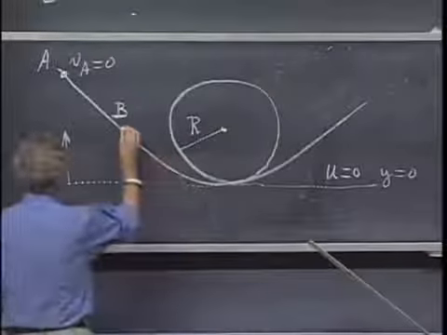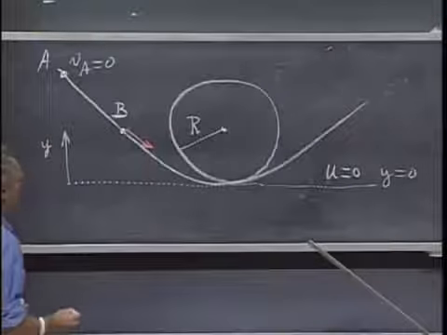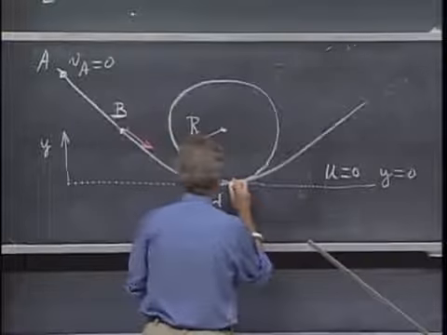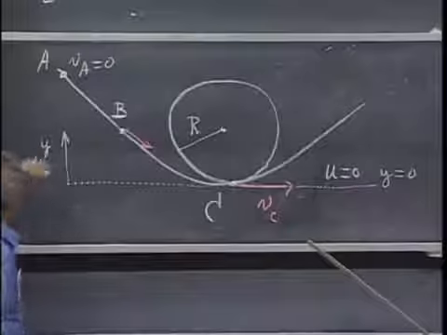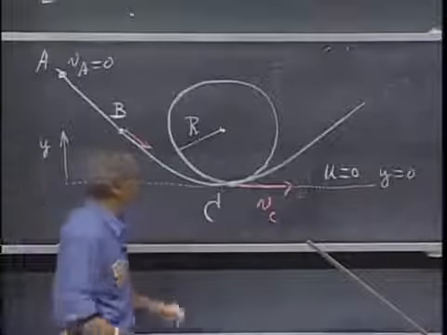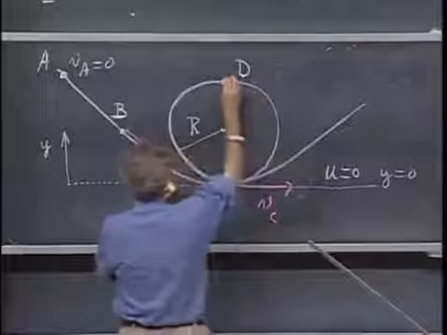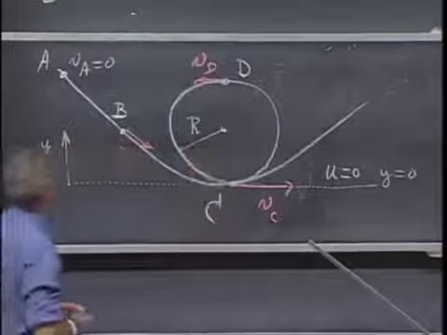At B, of course, it does. It has converted some potential energy to kinetic energy. At this point, C, it has reached the maximum velocity that it can ever have, because all the potential energy has been converted to kinetic energy. And at this point, D, if it ever reaches that point, that will be the velocity, say.